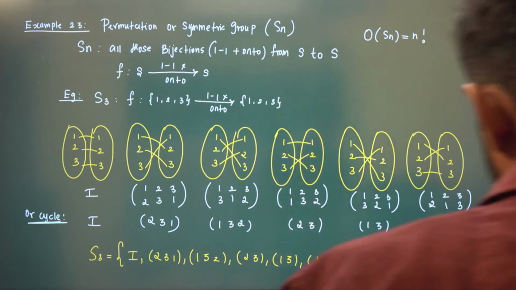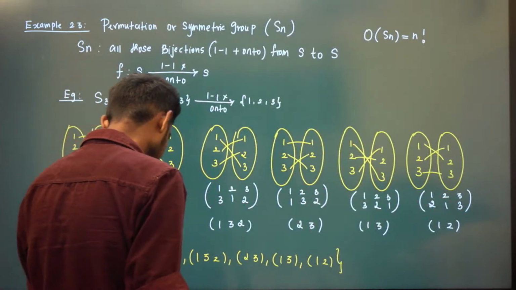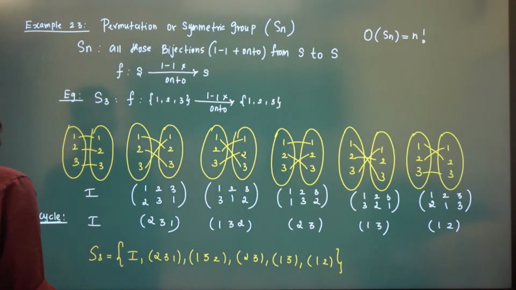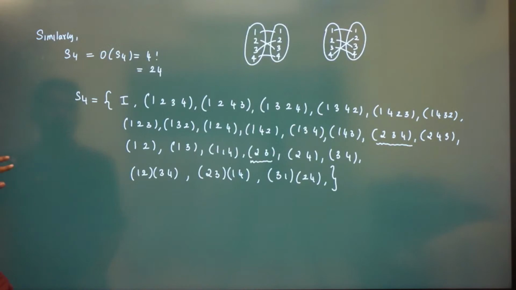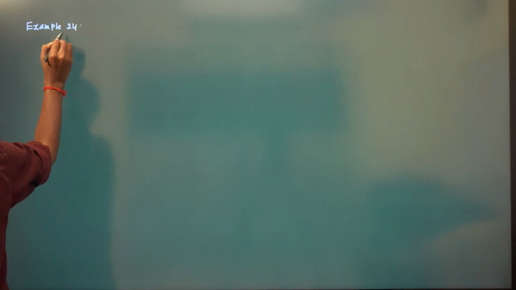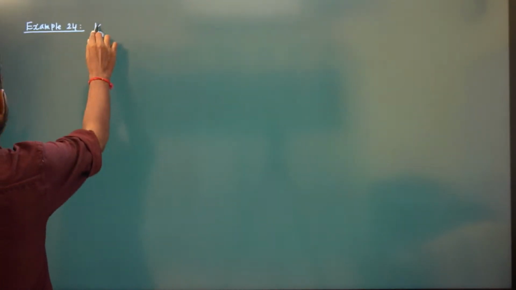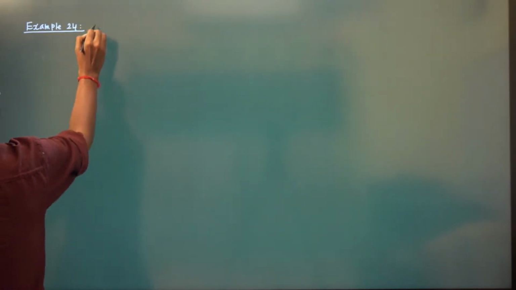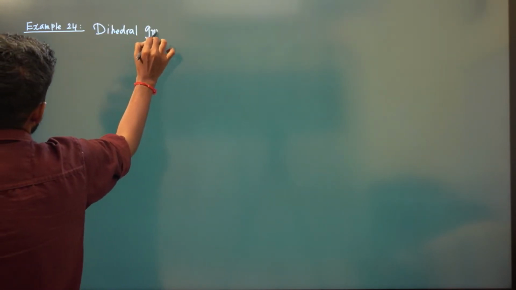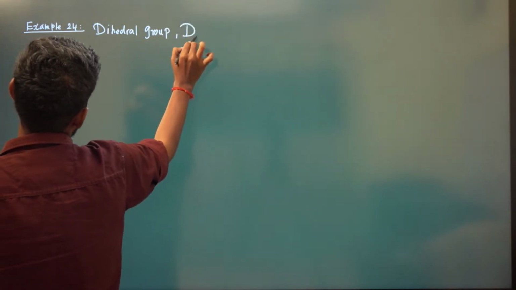Okay, so last example, many more examples. Example 23, example 24. Klein 4 group. No. We will do dihedral group Dn, right?